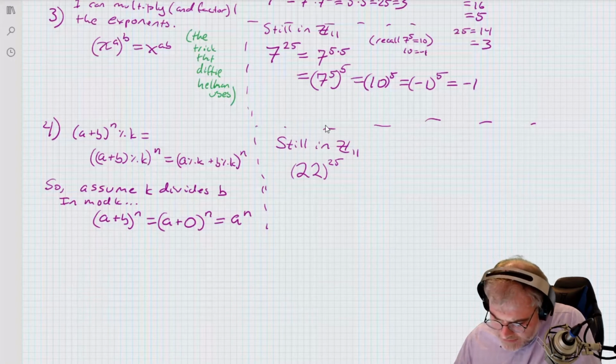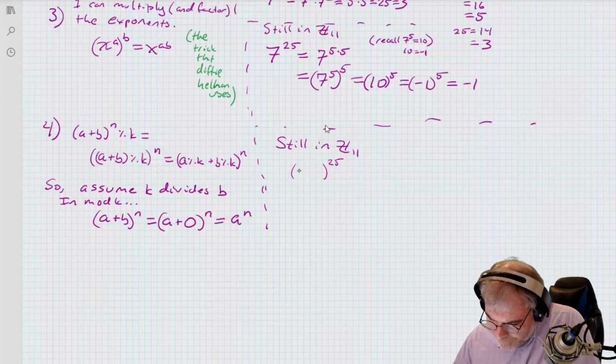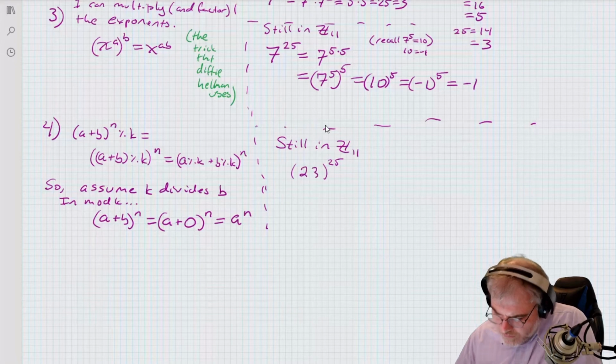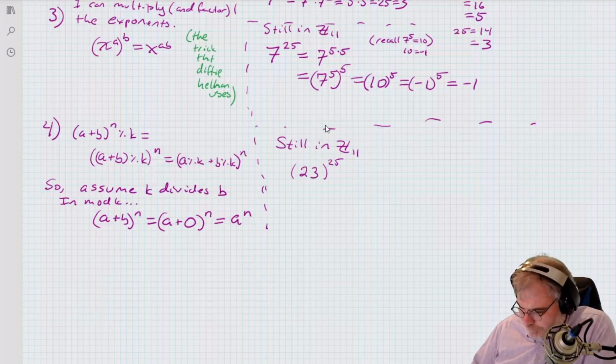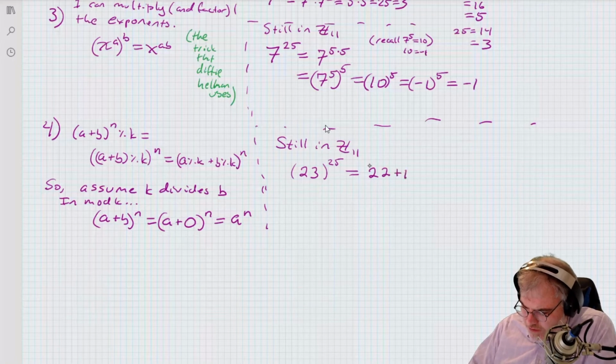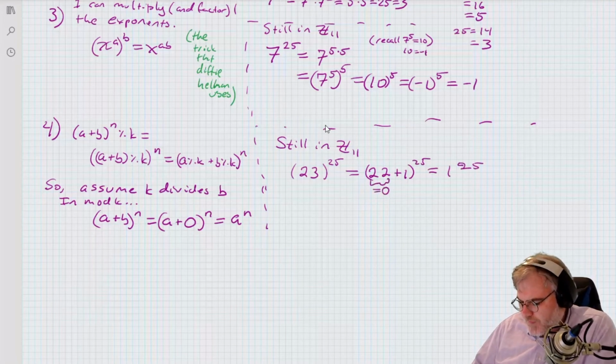Oh, that's easy because that's 0 to the 25. Let's do this. Let's do 23 to the 25. So I can break this up to be (22 plus 1) to the 25, and that's going to equal 1 to the 25th, because this right here equals 0. How do we feel about that 1 to the 25?